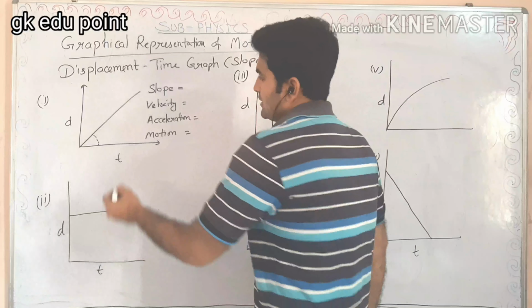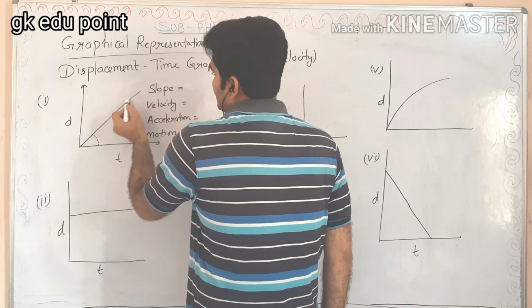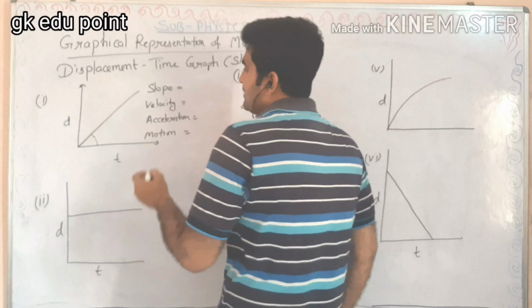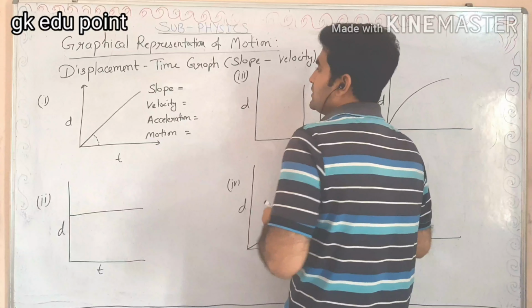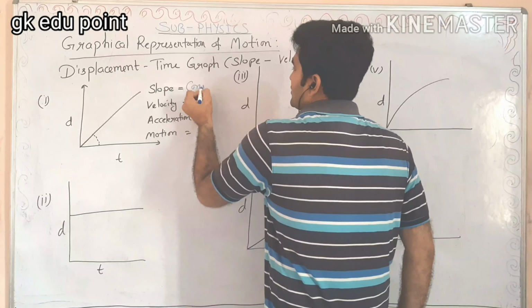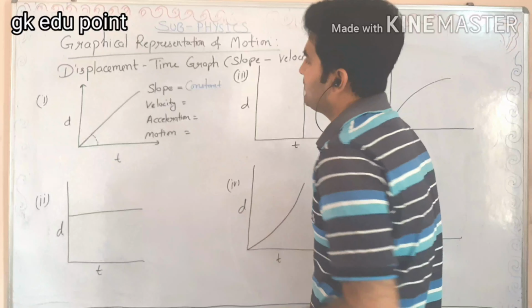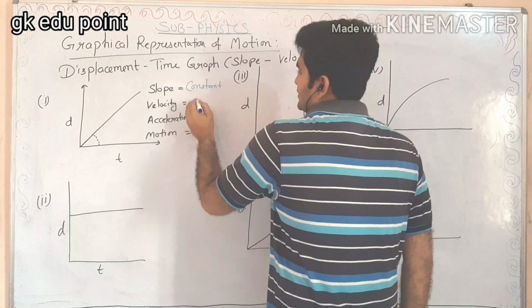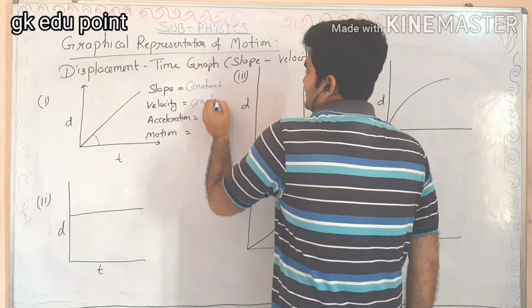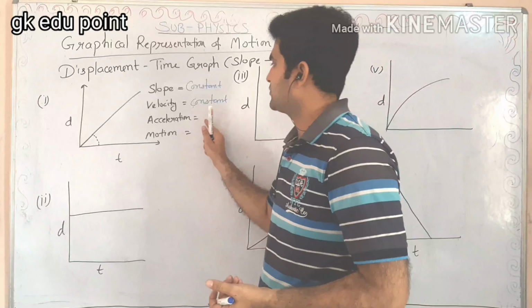It means displacement is changing constantly with time. So the slope here is constant. If the slope is constant, then definitely velocity in this graph is constant. The nature of velocity is constant.